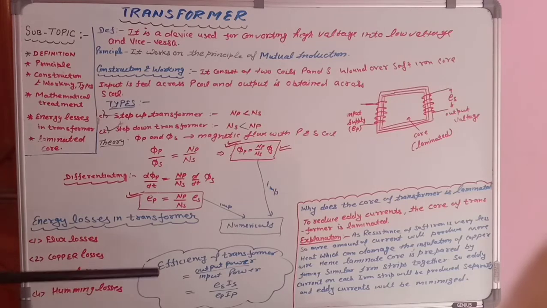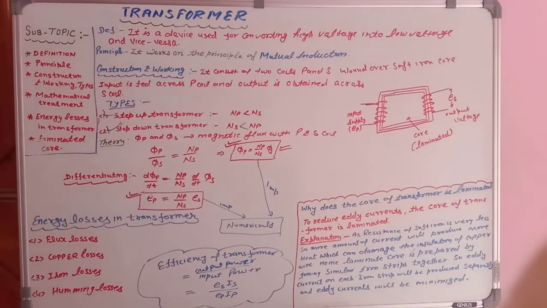Okay, next is efficiency of transformer. Efficiency means कितनी इसकी क्षमता है काम करने की. It is always measured as output divided by input. We have calculated efficiency so many times. Efficiency means कितना आपने काम किया, कितना आपको input मिला था. कितना आपने खाना खाया और कितना आपने काम किया, उनकी रेशो को क्या बोलते हैं हम?